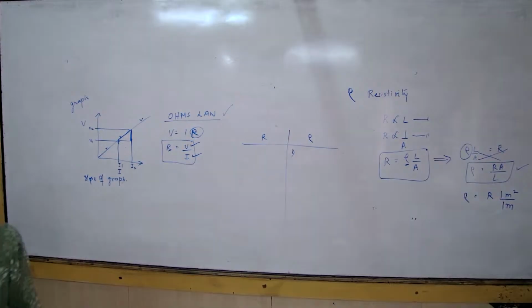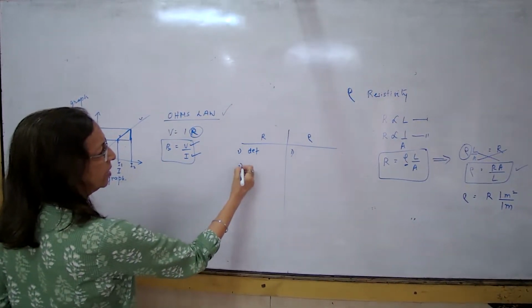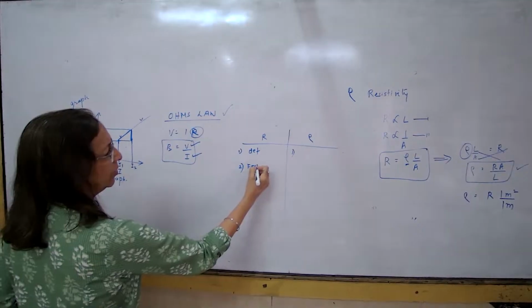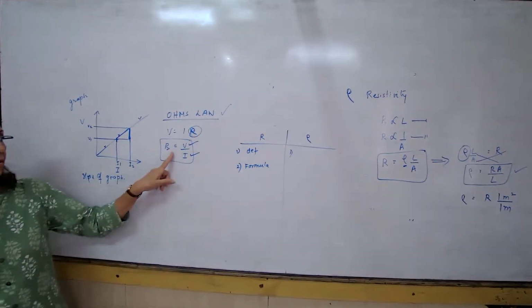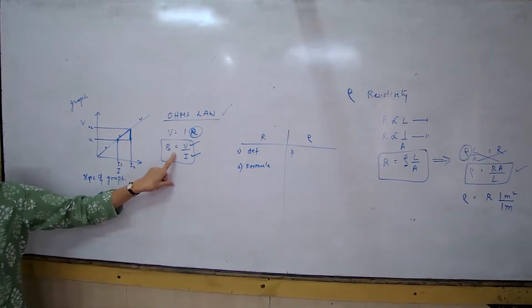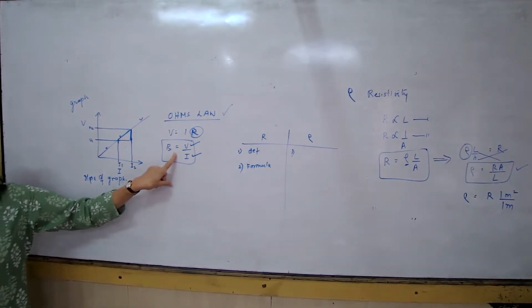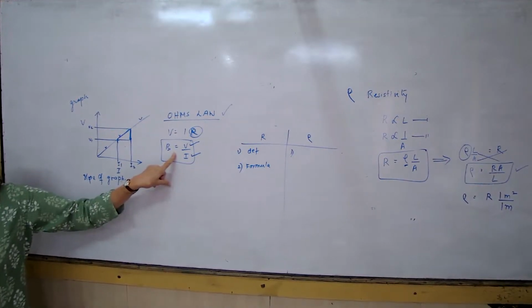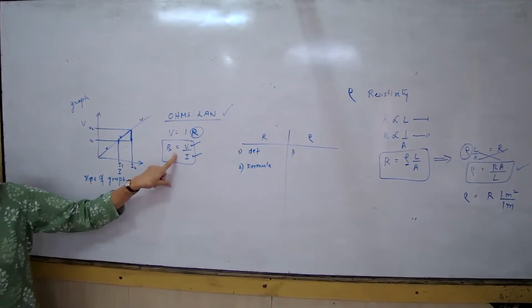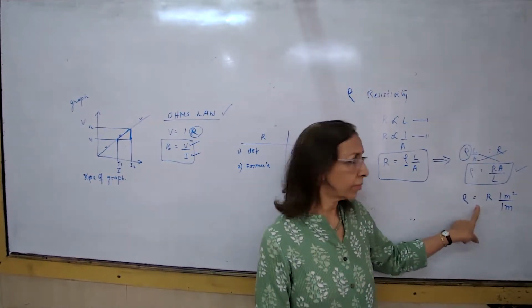Okay. Next point. The first point was your definition. Second point, can you recall and write down the formula? How can you find out R? Second point you write down is the formula for resistivity.